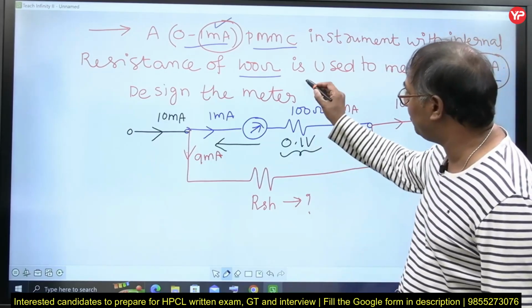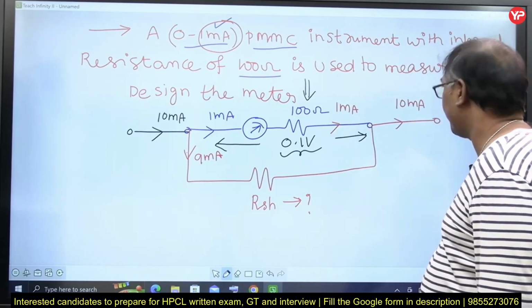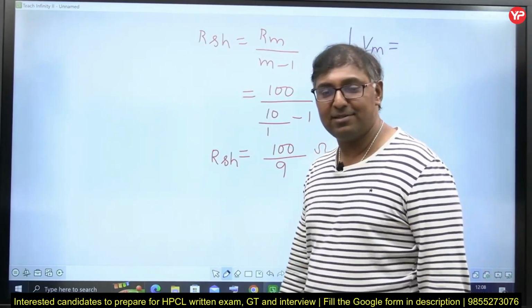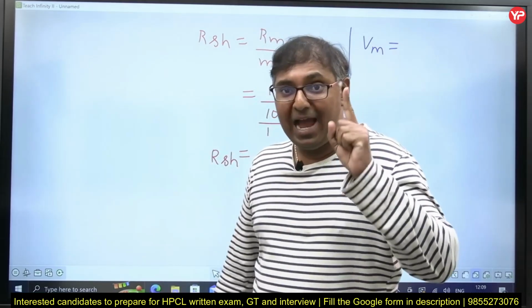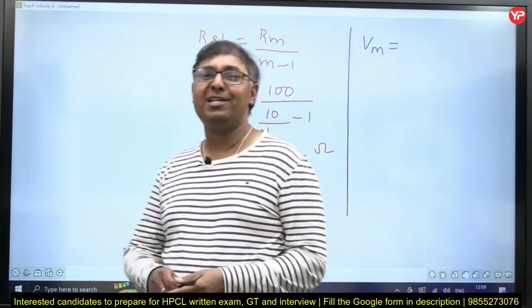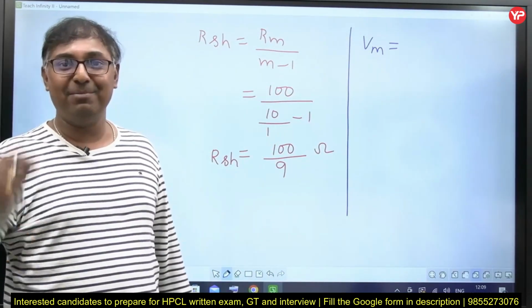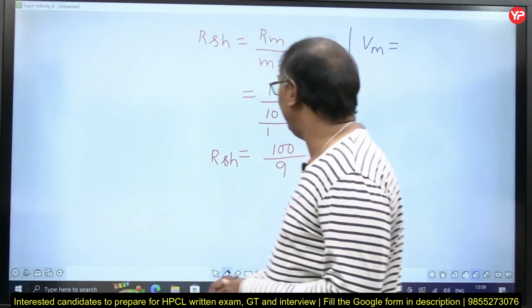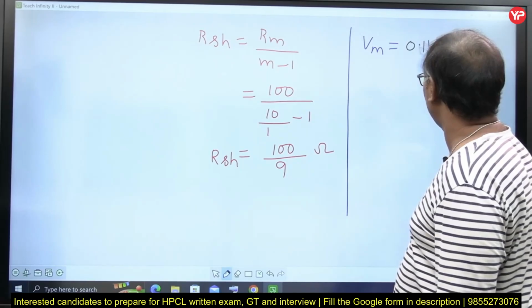Fine. Next, other practical questions that are possible? New meter resistance. What is the available meter resistance? 100 ohms. The 1 milliampere meter resistance is given as 100 ohms. Now I am asking, what is the resistance of the newly designed 10 milliampere meter? Here R new, VM we have already calculated, 0.1 volt.